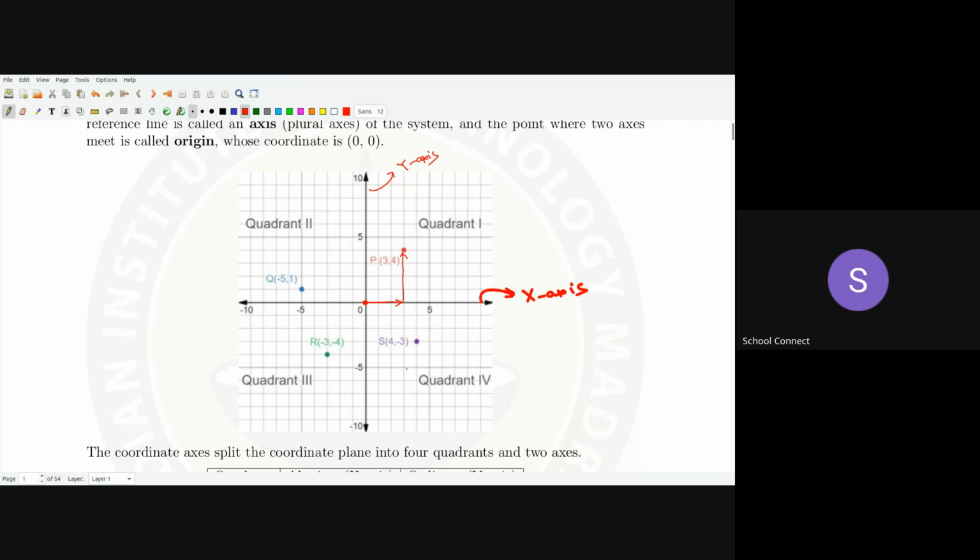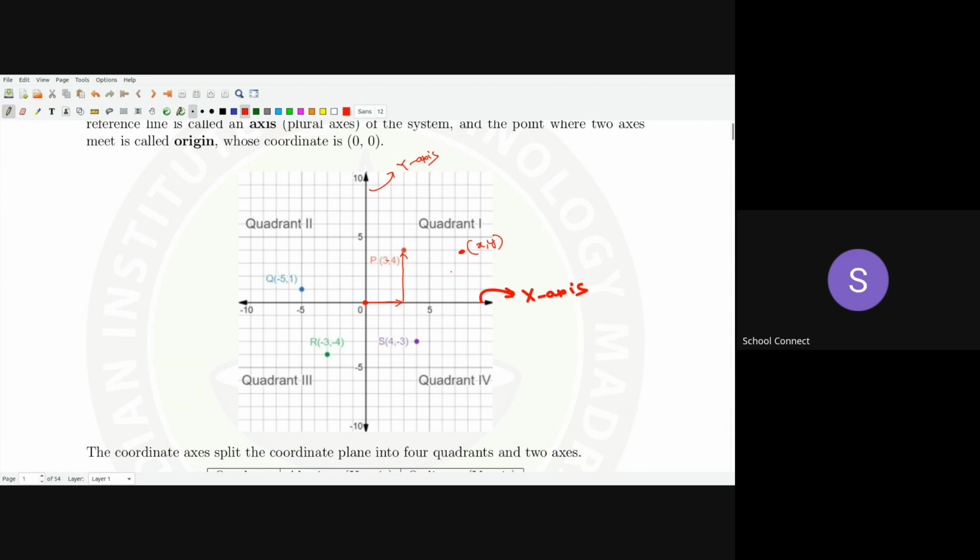The signs of these coordinates vary depending upon the position of the point and its respective quadrant. The x-axis and y-axis divide the complete plane into four quadrants: quadrant 1, quadrant 2, quadrant 3, quadrant 4. All the points in quadrant 1 have both coordinates positive.